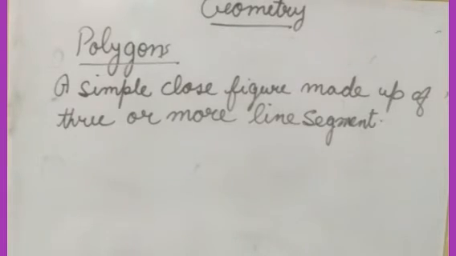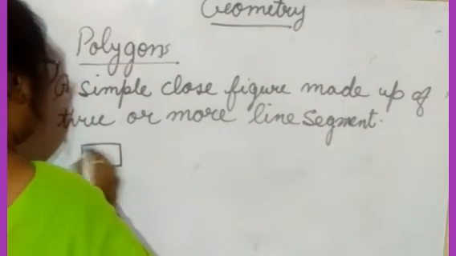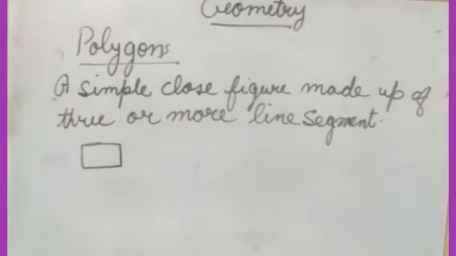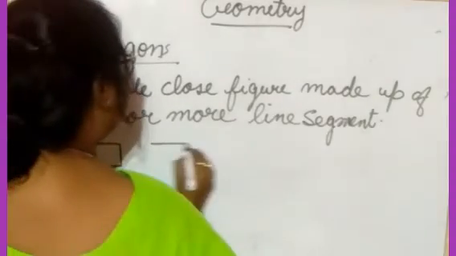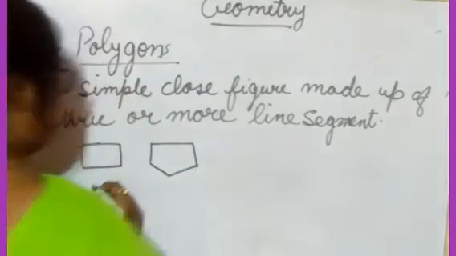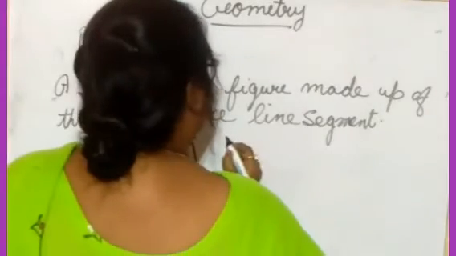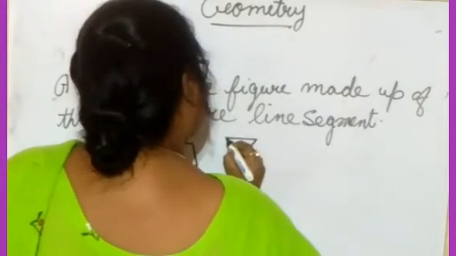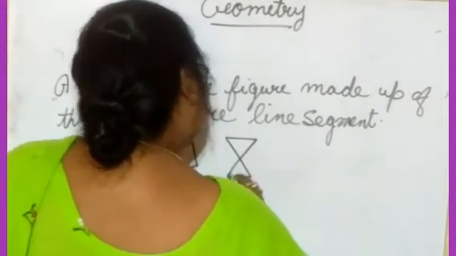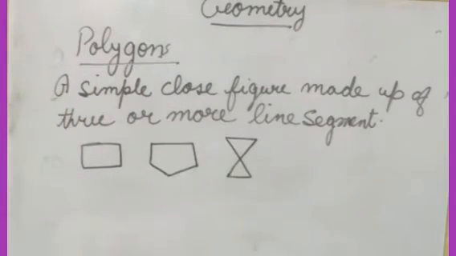You see that this one is made up of 3 or more line segments, so you can say this is a polygon.